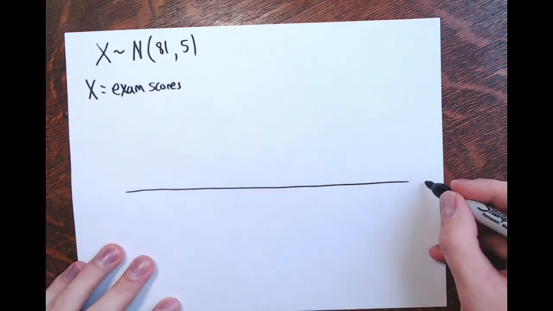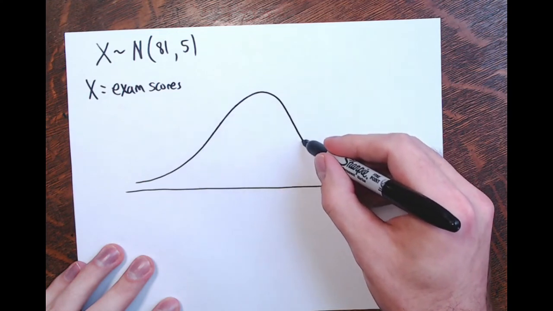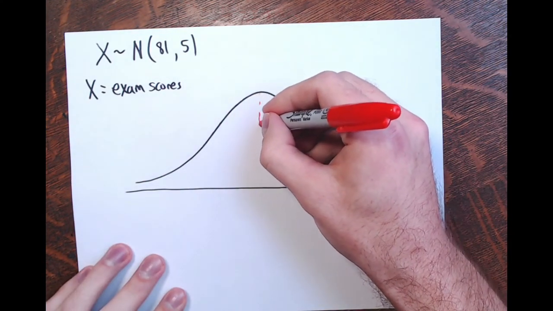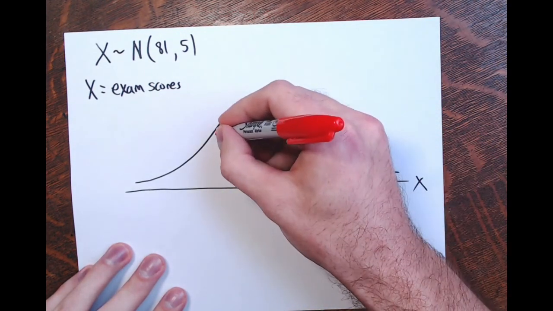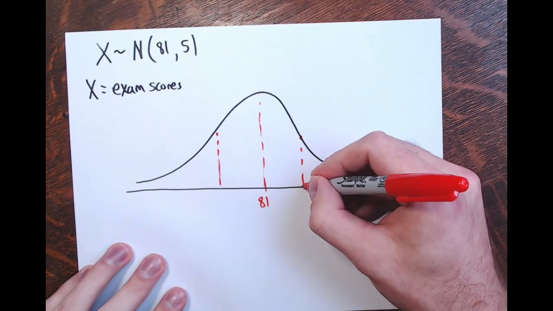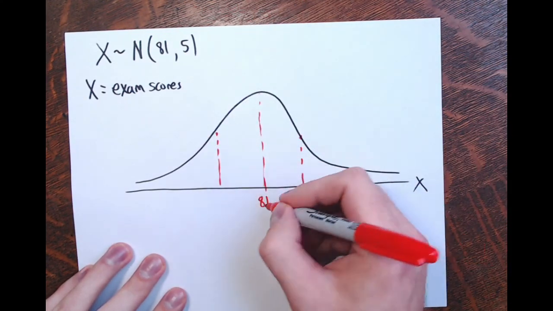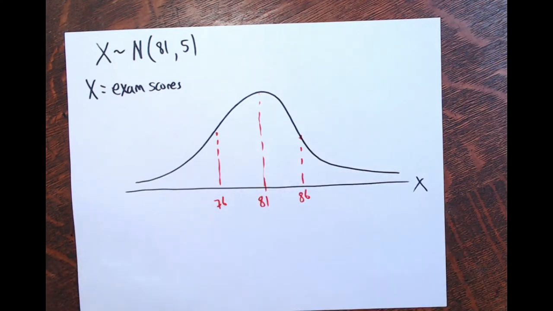I'll draw possible exam scores, with a symmetrical bell curve above it. The value below the peak is 81. And beneath the inflection points, 1 standard deviation below and 1 standard deviation above, that's 76 and 86.